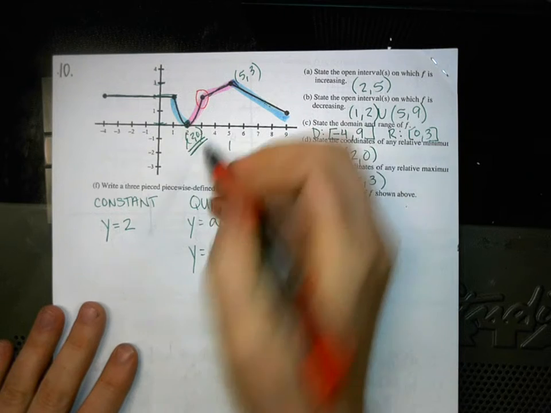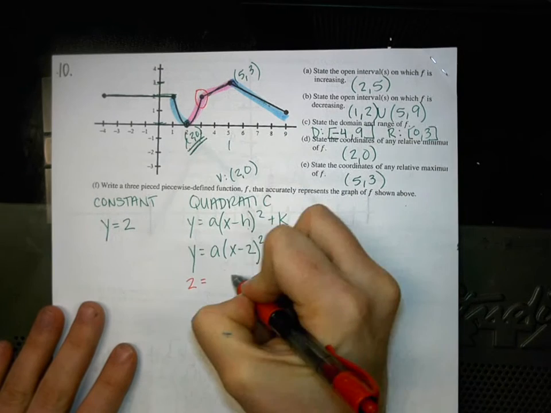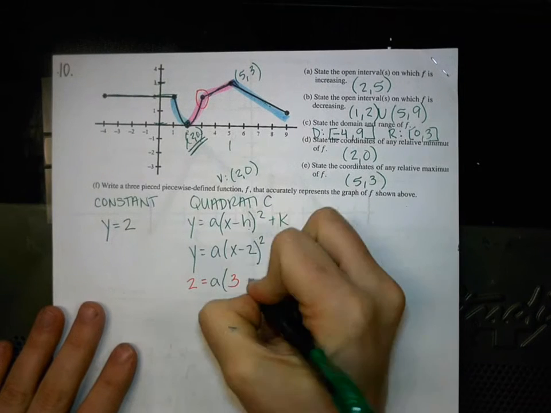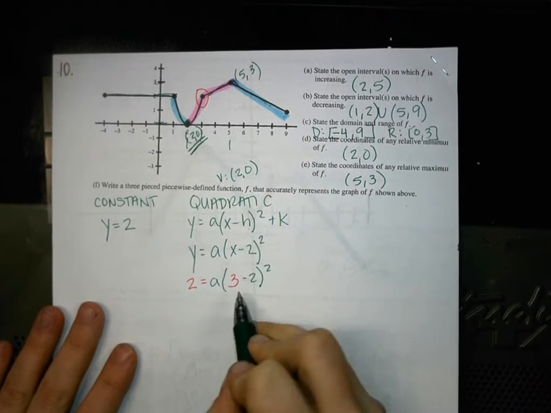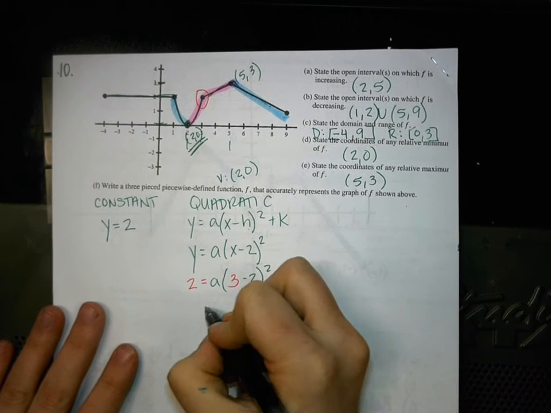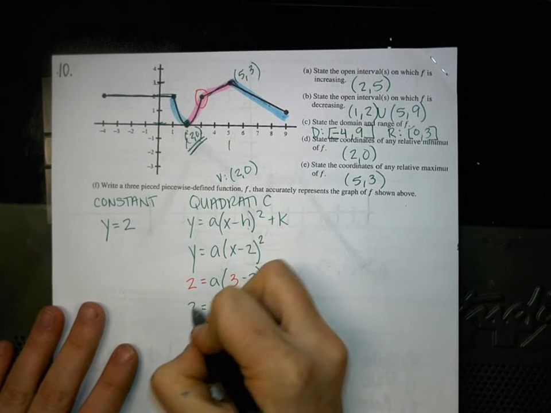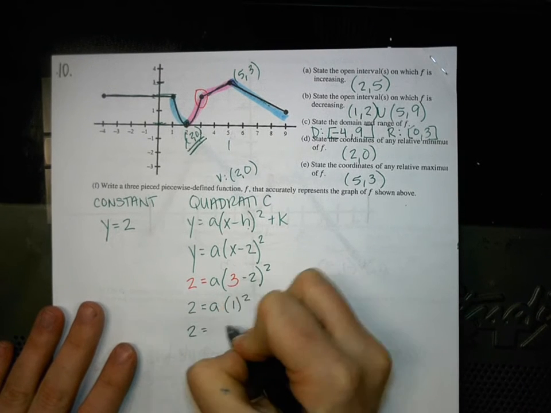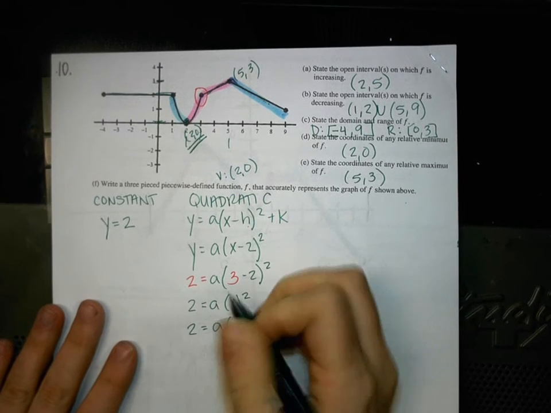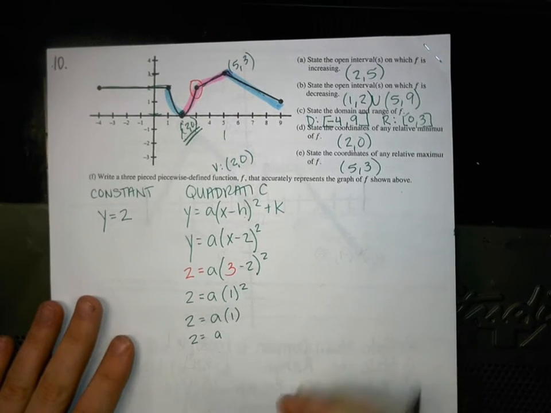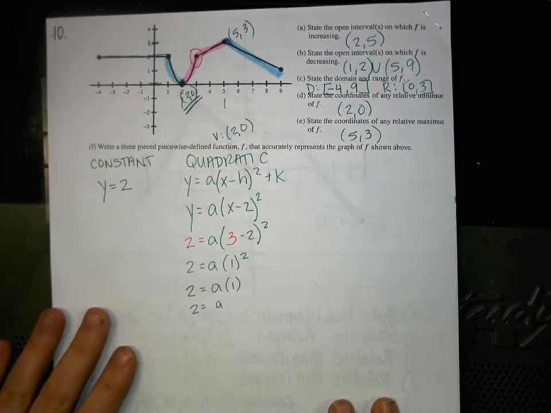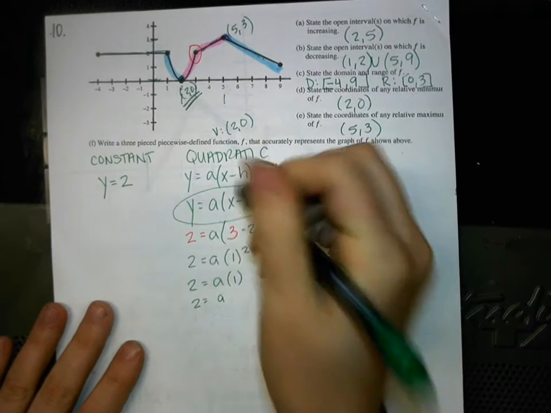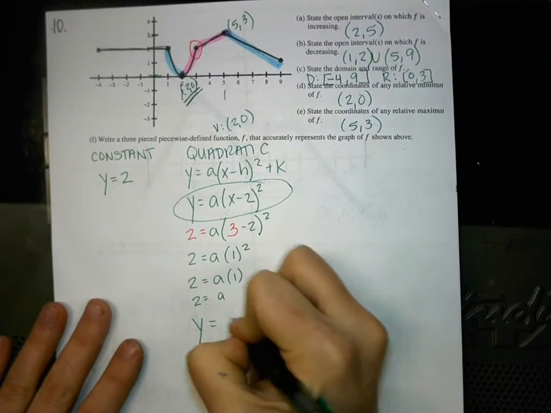Plugging in the 2 for y and the 3 for x. 3 minus 2 gives me 1. 1 squared is 1. A times 1 is just a, so a is equal to 2. My quadratic piece of my function is going to be this piece with the a value plugged in. Please plug in the a value of 2.